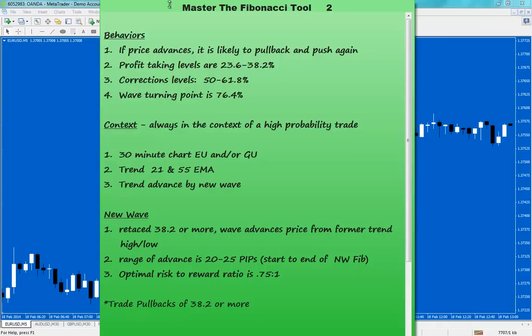Now there are more behaviors, but while you're en route to your first goal of consistent profit, this is good enough. Experience will teach you when price is likely to retrace more or less. So if it's very bullish, it's likely to retrace less. If you're coming into a clear support or resistance area where prices stopped before, it's more likely to retrace more.